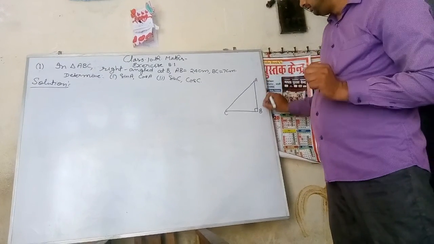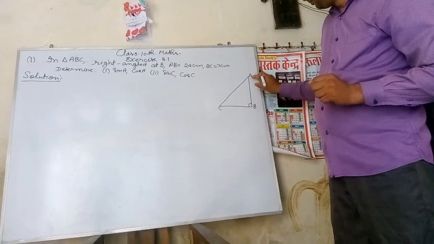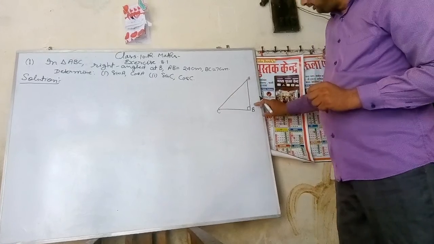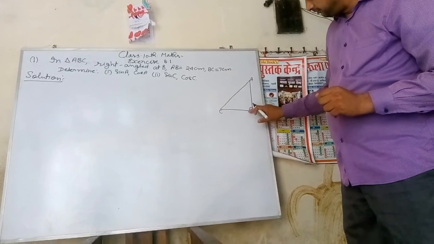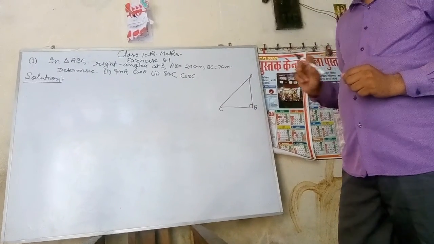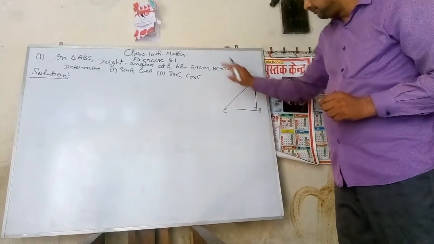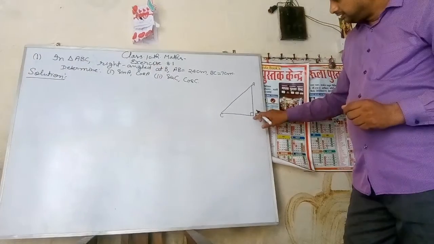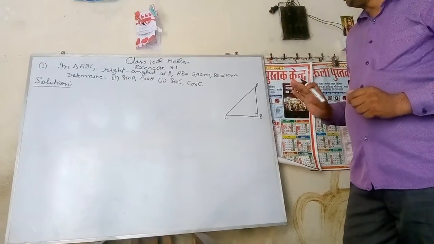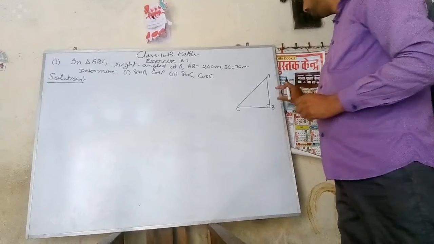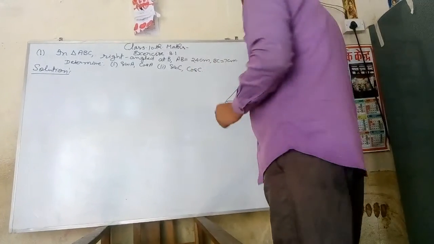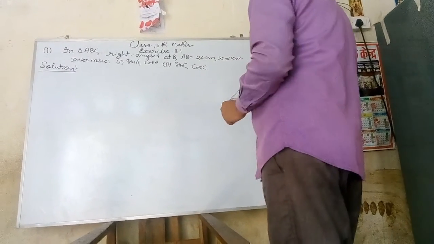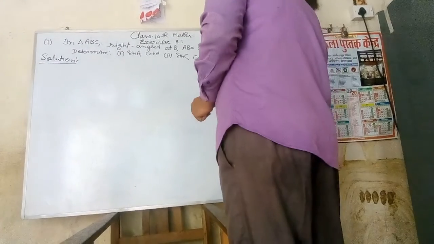You are free to assume A and C. Only B vertex is fixed, because in my question given here right angle at B, so B is fixed, and put the value of AB equal to 24 centimeter, BC equal to 7 centimeter.